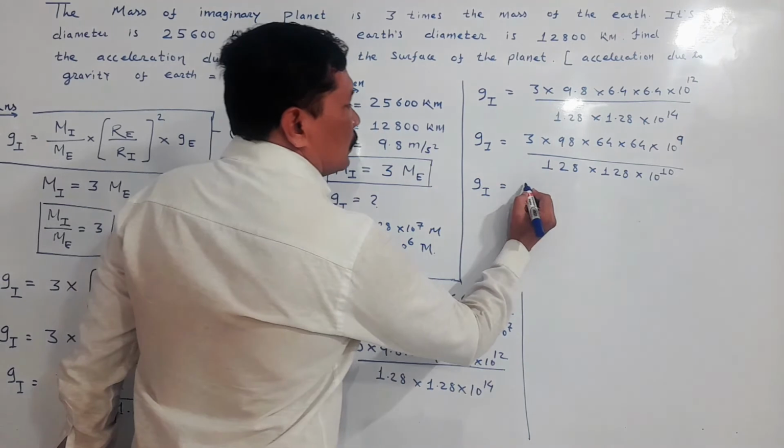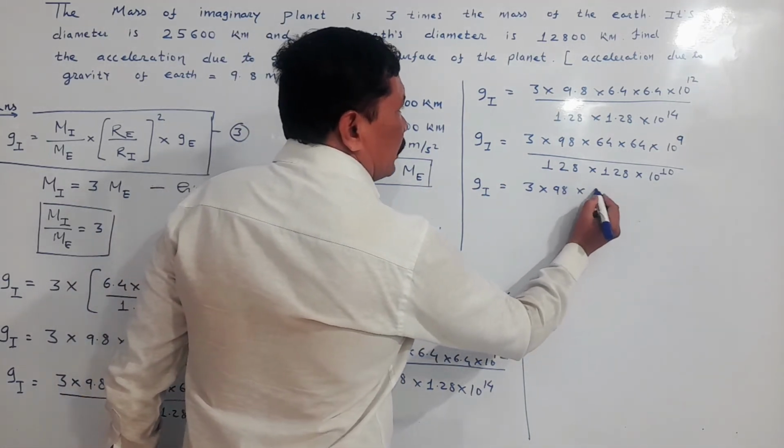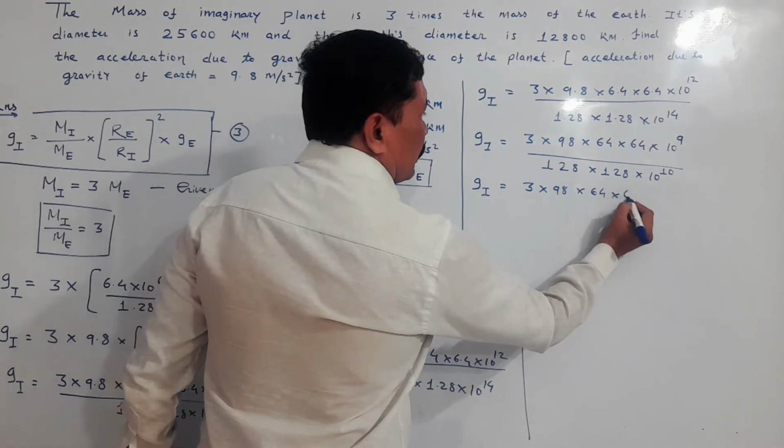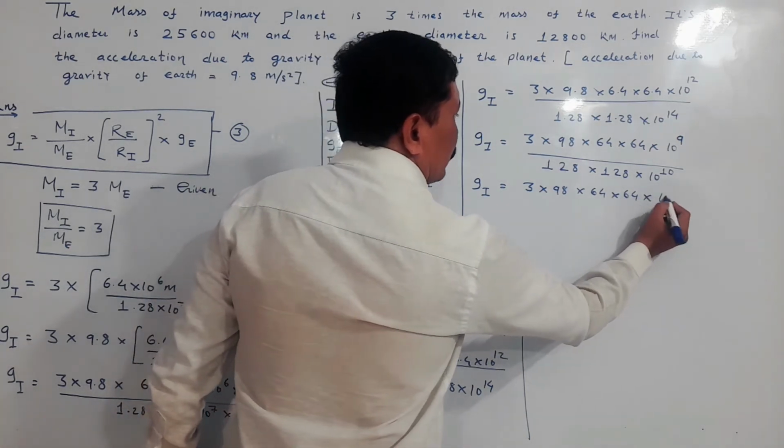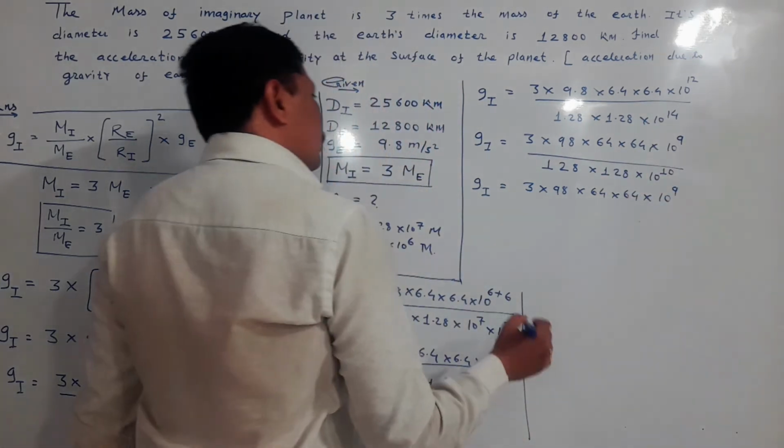Gi is equal to 3 into 98 into 64 into 64 into 10 to the power 9, and in the denominator it is 10 to the power 10.